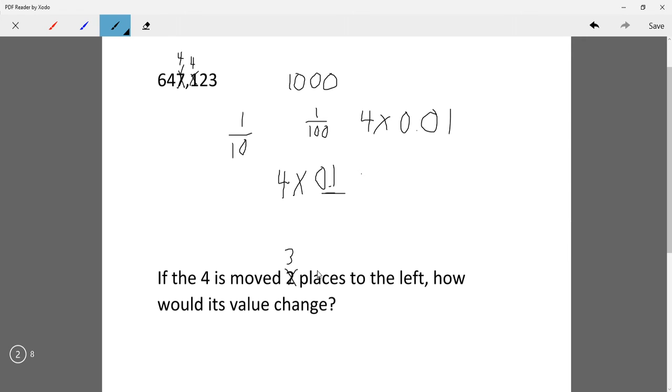So I would say that kind of explains how numbers change in value when you hop spaces, right?